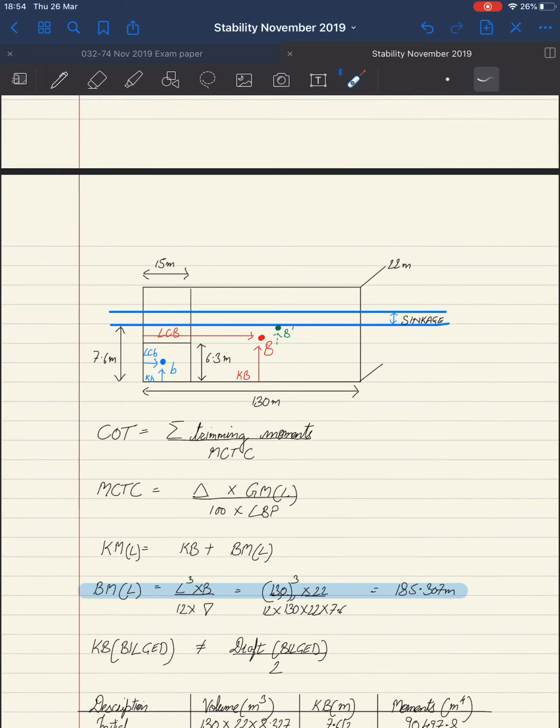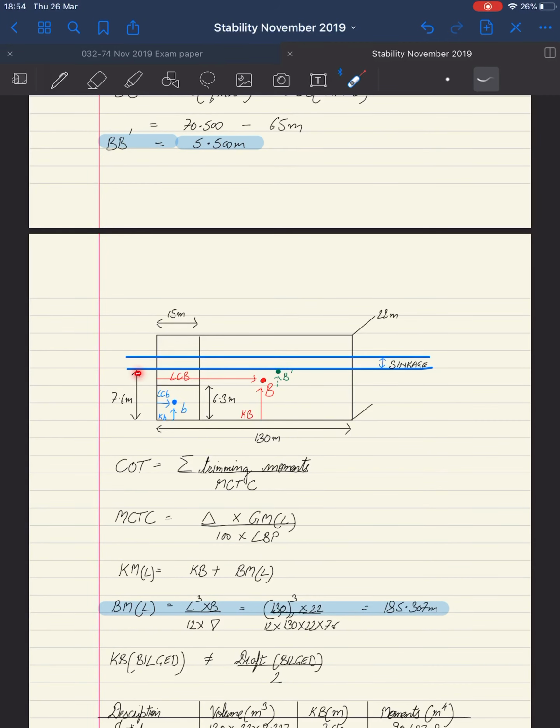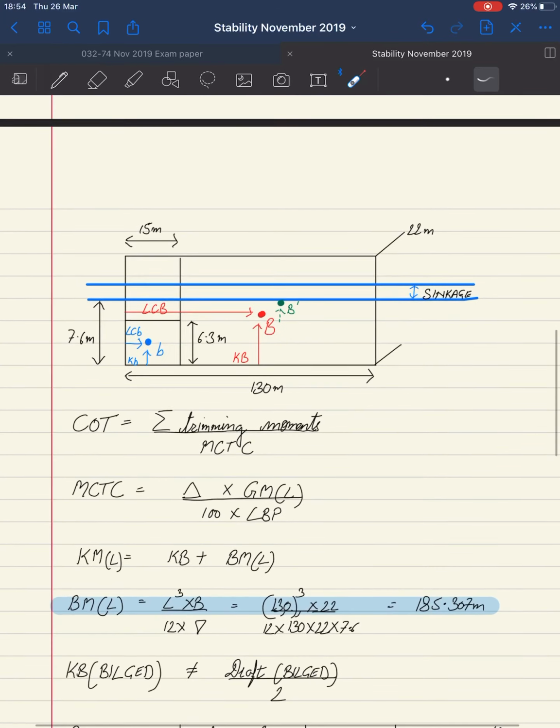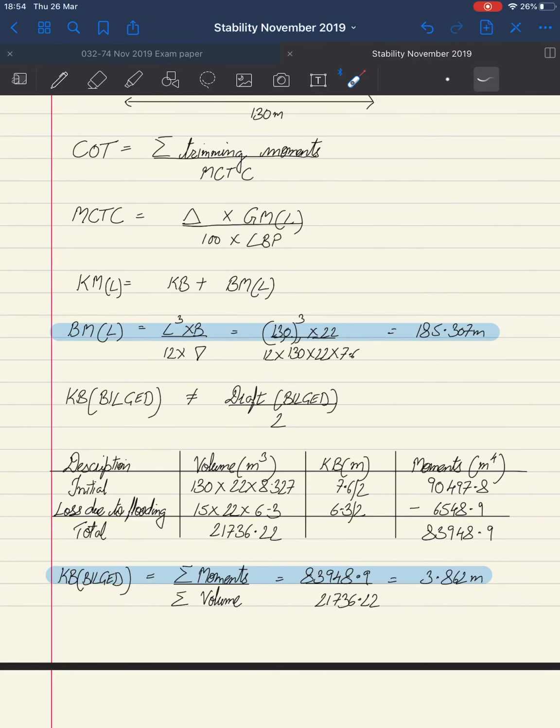We know the initial draft of the vessel is 7.6 meters here, so half of 7.6 meters will be 3.8. And I have got these moments by multiplying volumes times the KB.